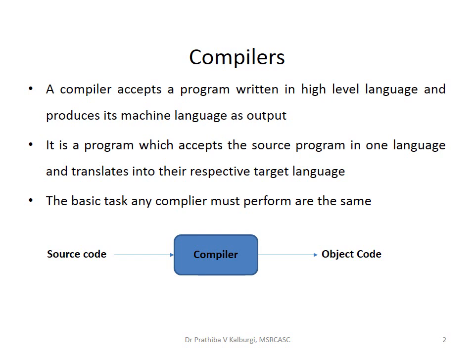So the basic task of a compiler is to perform all the above. If you observe the diagram, we have the source code. Source code is any of the high level languages, which is considered as the input to the compiler, and this compiler converts the source program into an object code or an object program, which is called machine code.